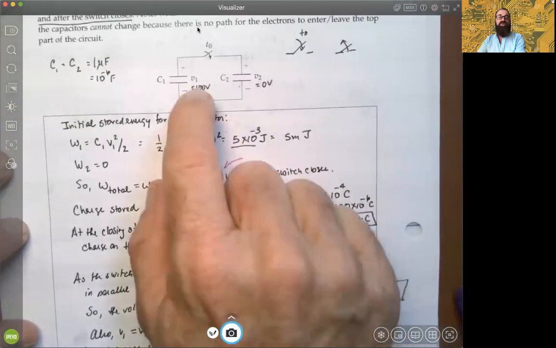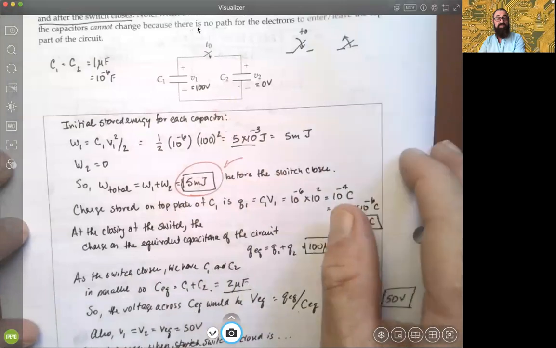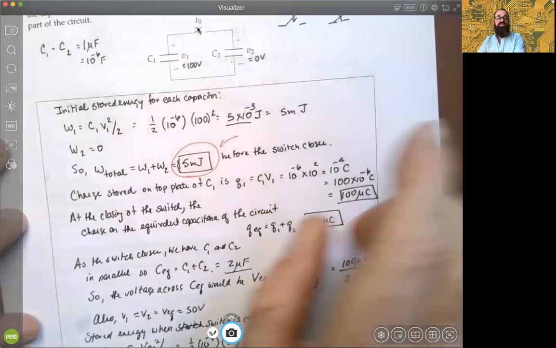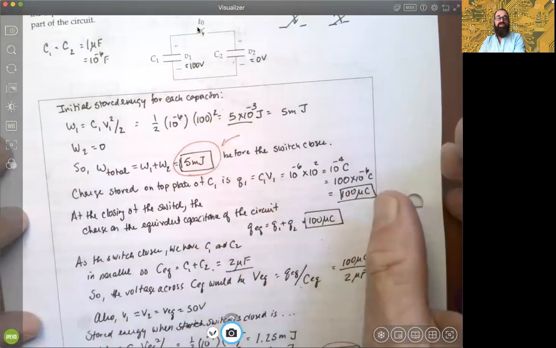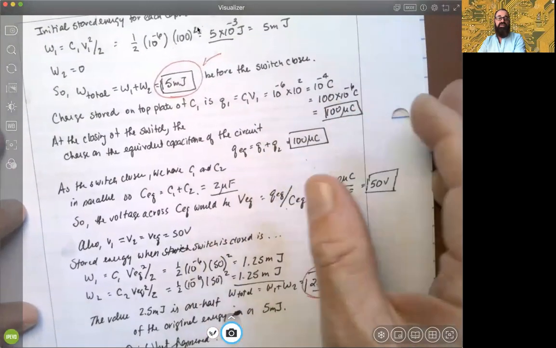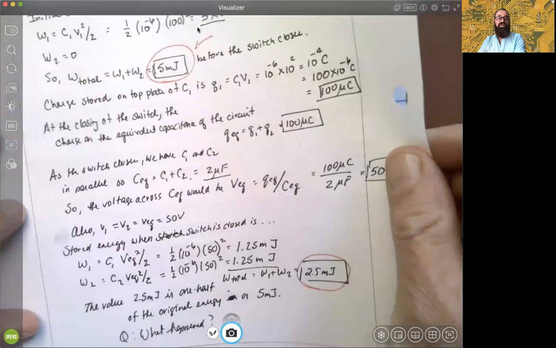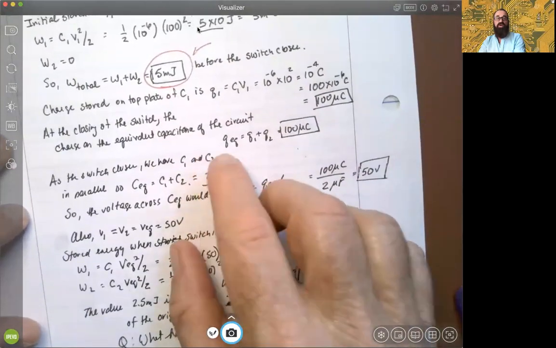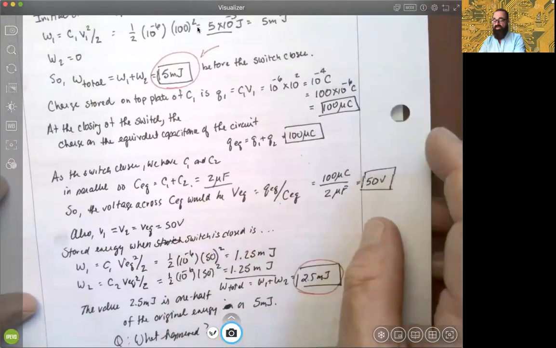It just illustrates how to do equivalence and capacitance, how to use our formulas for total energy, and making sure that we logically take into account what we know before and after a switch is closed, right?